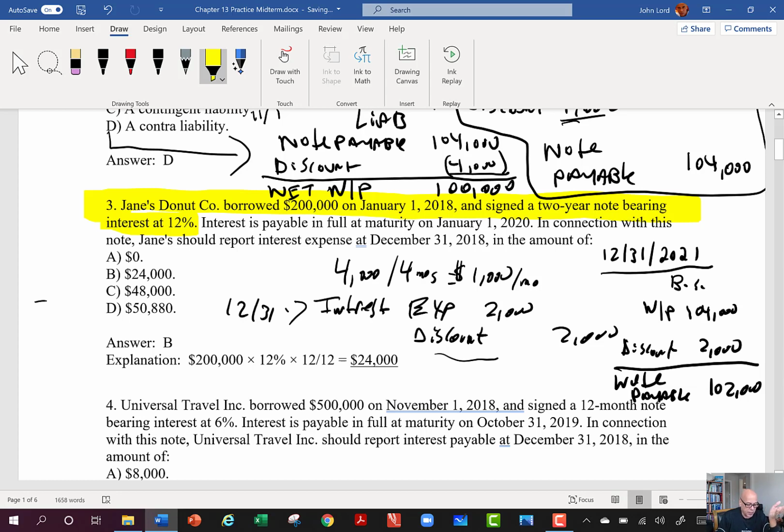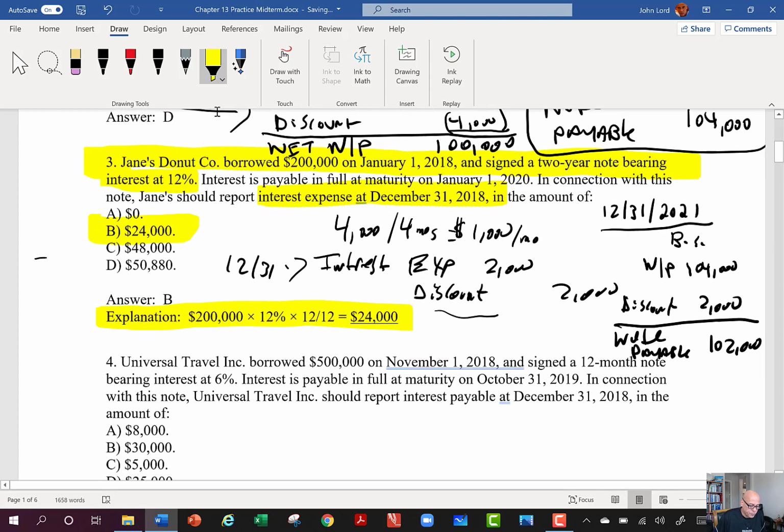But the mechanics of calculating the interest is not different than it would be if this was an interest-bearing short-term note, a current liability, and that the interest expense is what we borrowed times the interest rate. And since they borrow it on January 1st, and they're asking us the interest expense at December 31st, that note was outstanding for the entire year, so we would come up with $24,000.